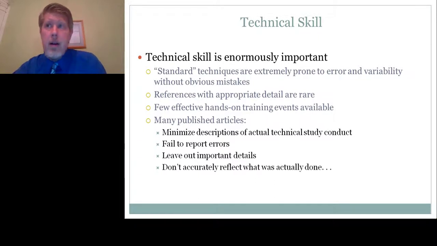Hands-on training, there's not a lot of good outside hands-on training events. There are a few places that specialize in them, but not many. And often they are cost prohibitive, but also they're simply not available in your individual area.